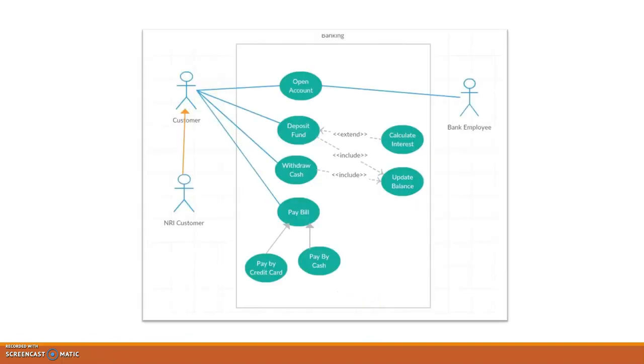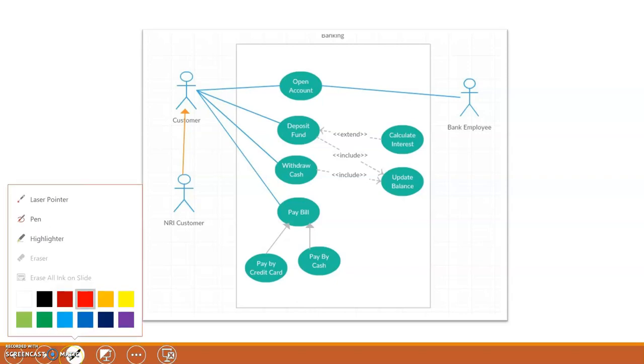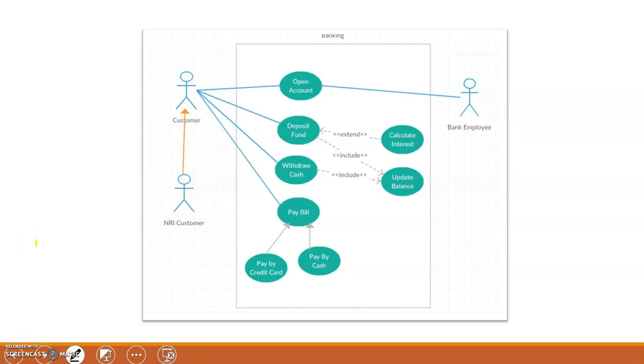So here we have an example of a use case diagram. Let's understand this diagram first, and then we will discuss more in the next slide. As you can see in this diagram, first we have the name of the system. This is the place where you can write the name.